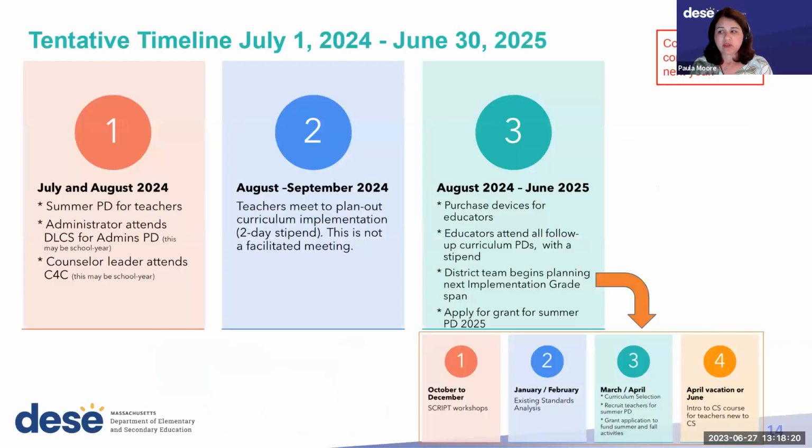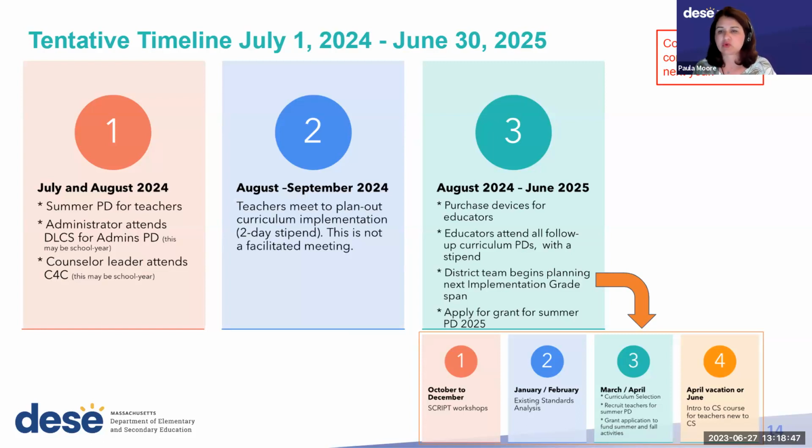So this next timeline would be covered by the continuation grant because it would start July 1st of next year. So July and August of next year, you would have summer PD for teachers. The administrators would attend a DLCS for admins PD so that they understand what digital literacy and computer science is.